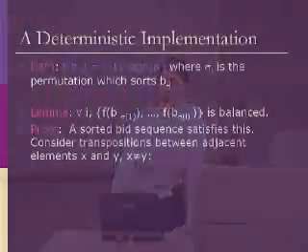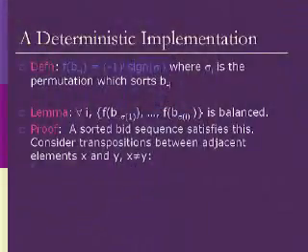So the lemma is that for all prefixes, this function is balanced. And the proof is fairly simple. Consider a sorted sequence of bids, and consider transpositions between adjacent elements. The sorted sequence of bids satisfies this.